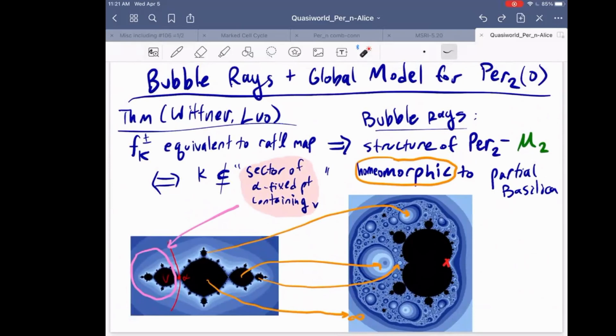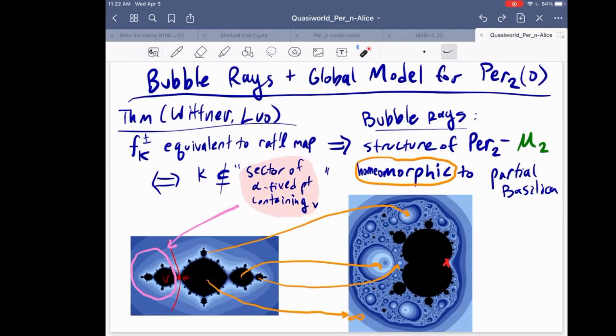The theorem of Wittner and Luo shows that you can capture out of a 2 component K, and that this is actually equivalent to a rational map if and only if your pre-periodic component is not in the sector of the alpha fixed point that contains the critical value. So in our basilica, if our alpha fixed point was right here and we were to delete it, that disconnects our Julia set because it's a tree.